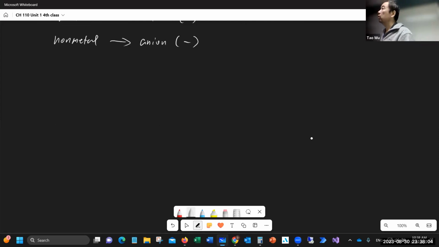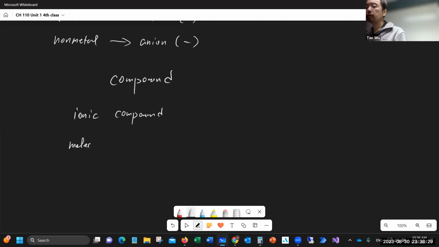The next part, we're going to talk about the compound. Generally, we reviewed everything about the elements or atoms, so now we talk about compounds. Compounds include two parts. One is called the ionic compound. The other is called the molecular compound.